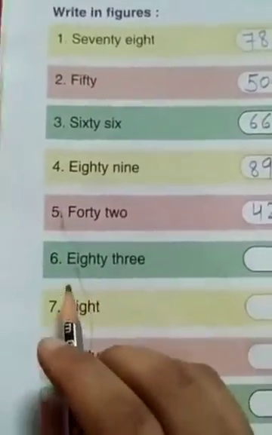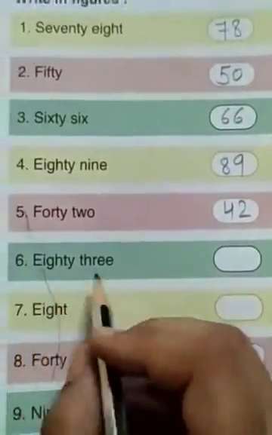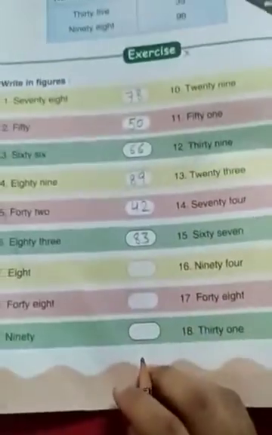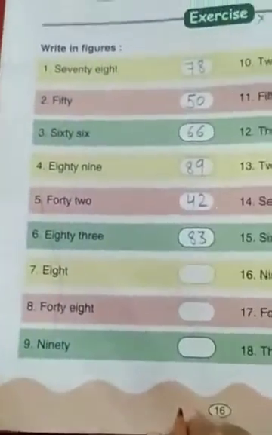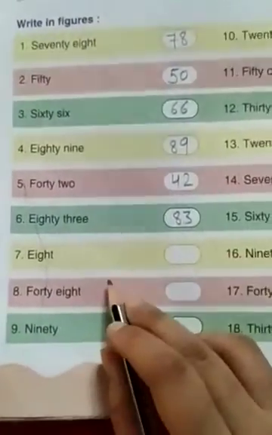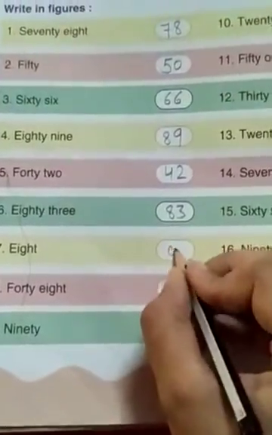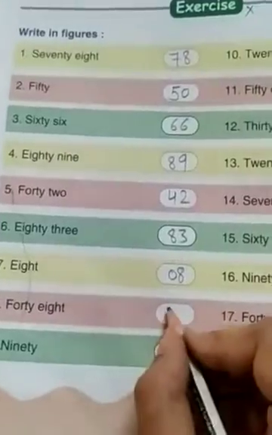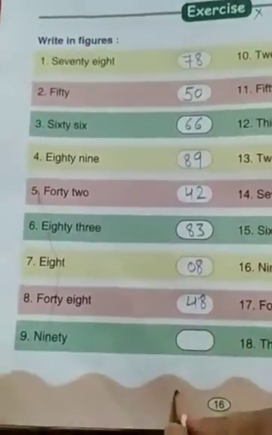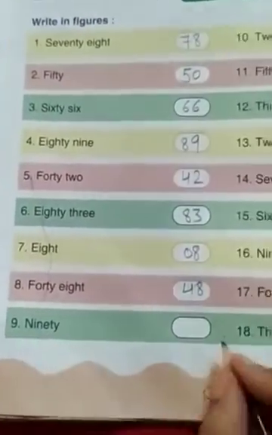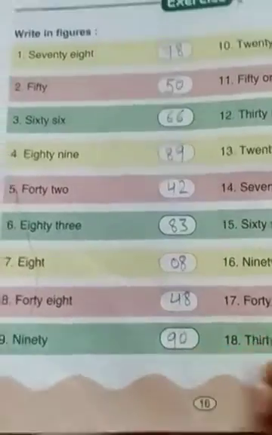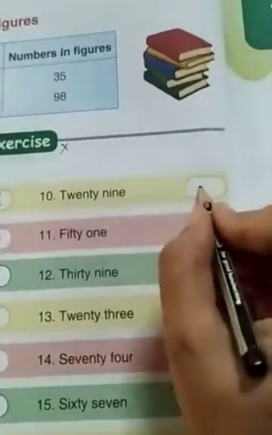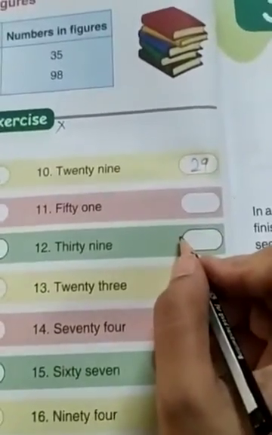Now number 6 is 83. Number 7 is 8. Number 8 is 48, 4 8, 48. Number 9 is 90. Now number 10, 29.